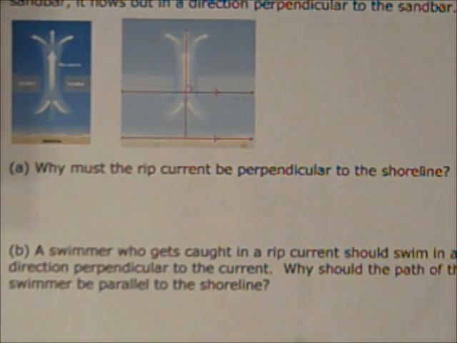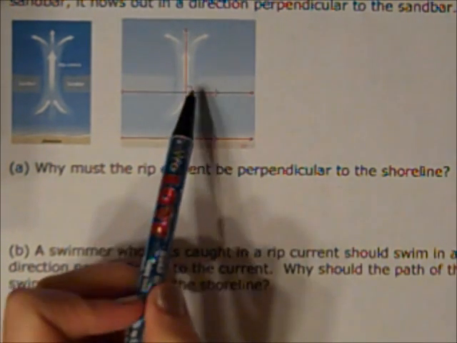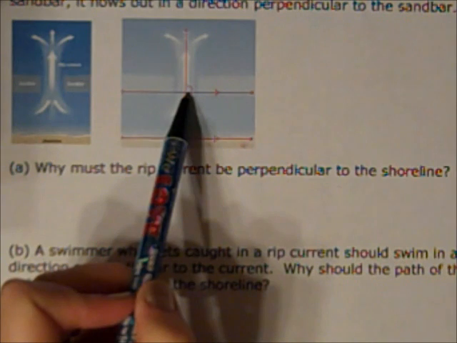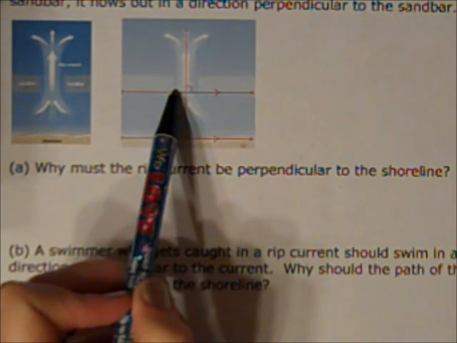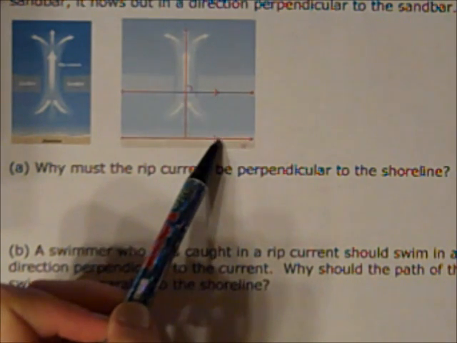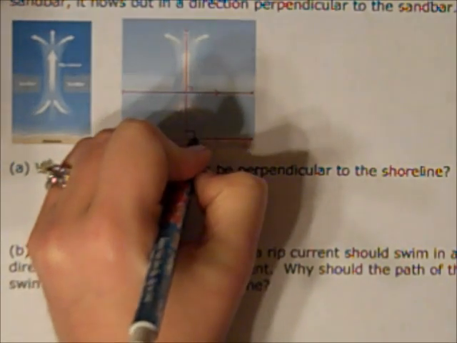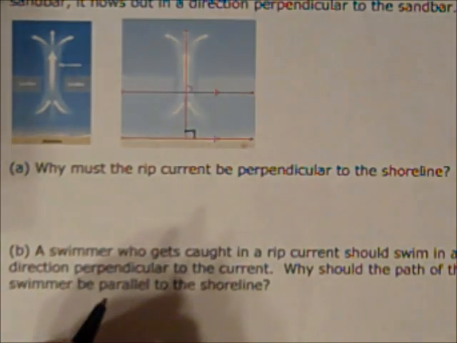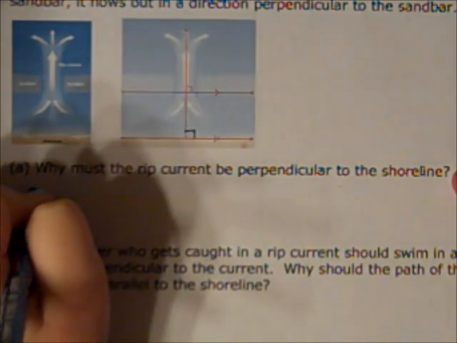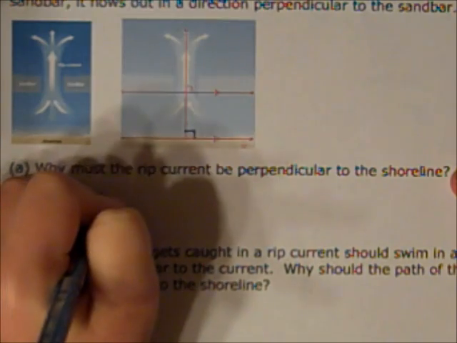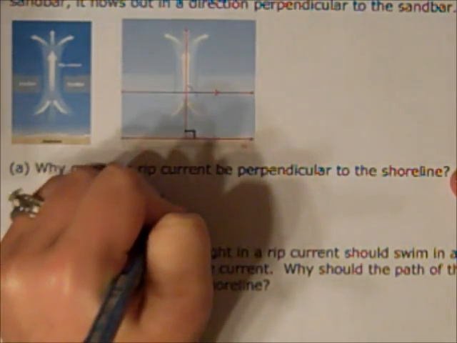Why must the rip current be perpendicular to the shoreline? So they told us that the rip current was perpendicular to the sandbar. They told us that the sandbar and the shoreline are parallel. So why does that mean that this is perpendicular? And that is another example of the perpendicular transversal theorem.